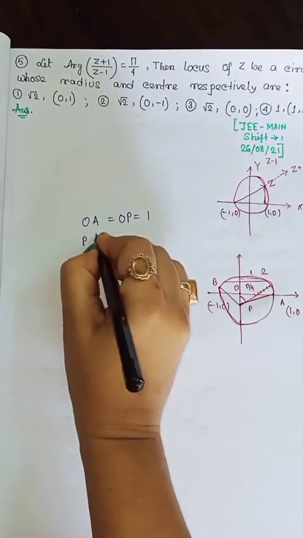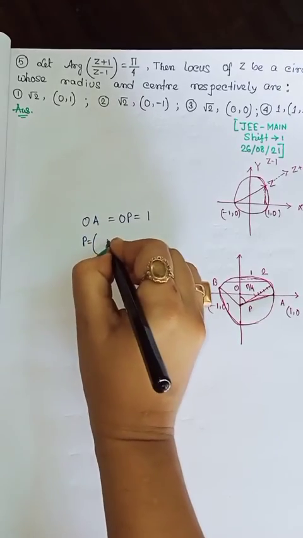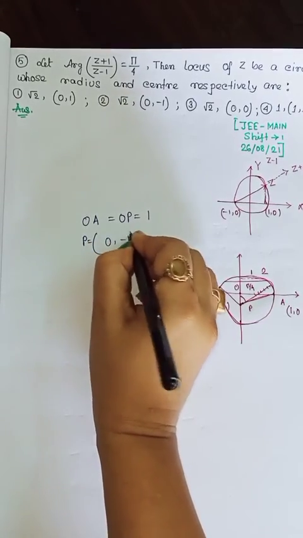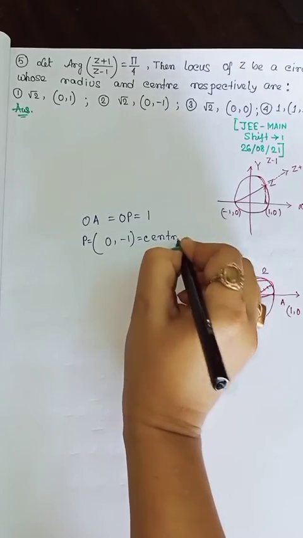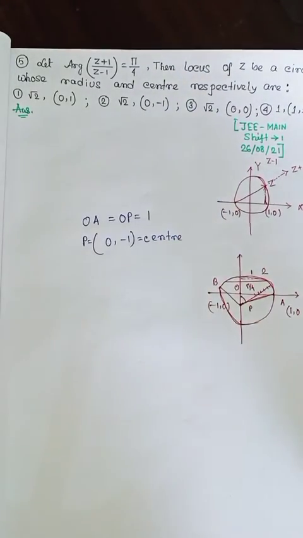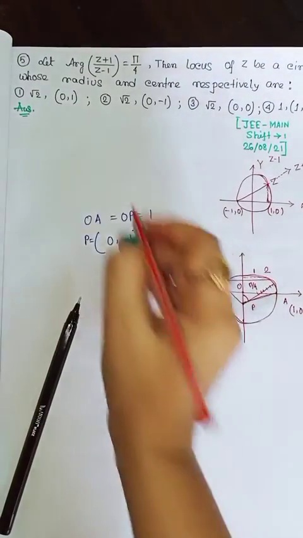P is the center, that is equal to 0 comma minus 1. This is the center, from picture 2.